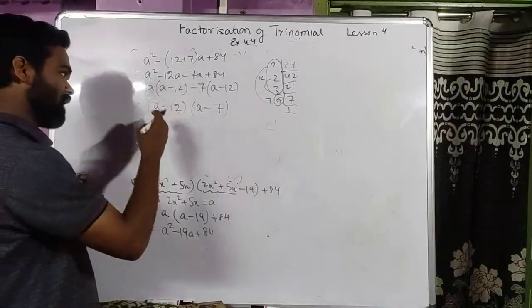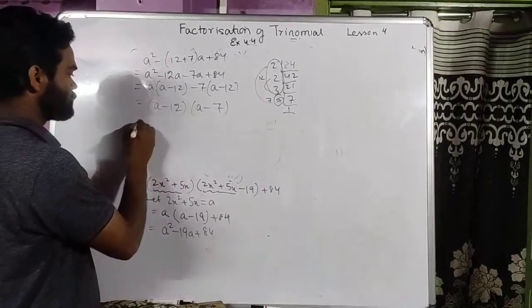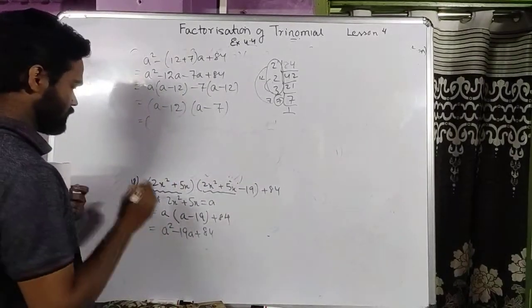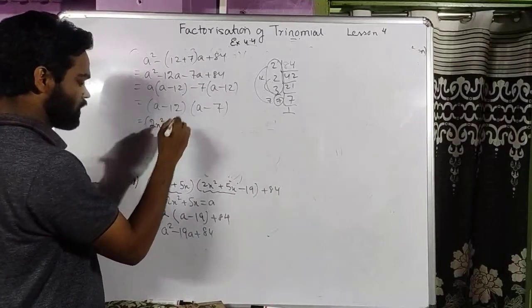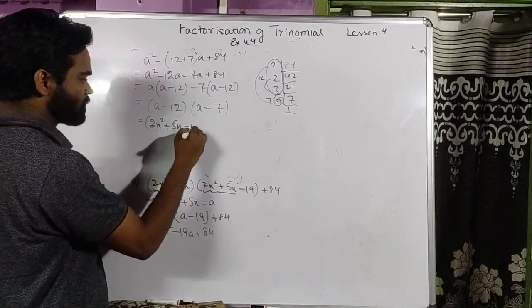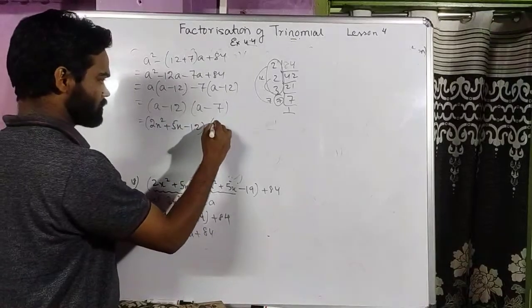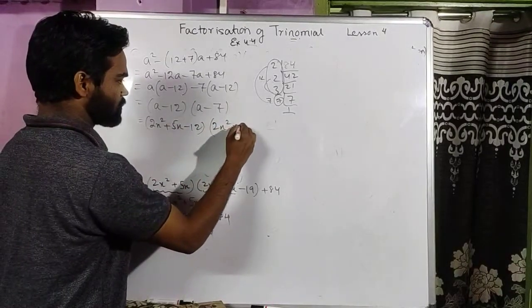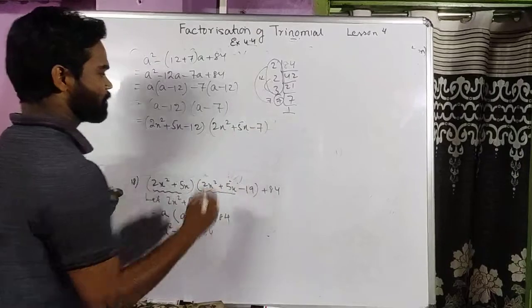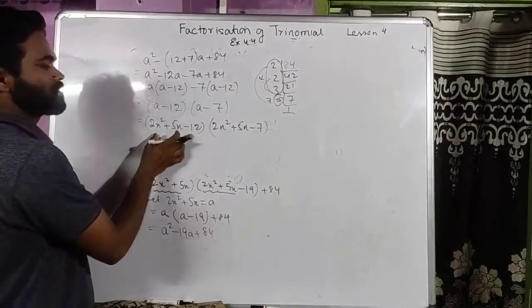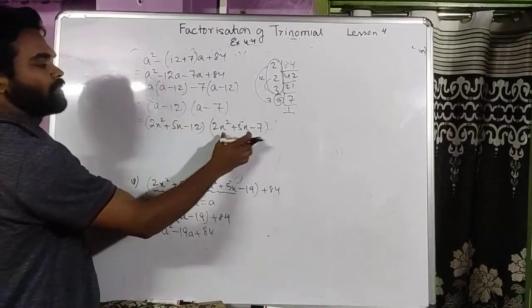Again, we will substitute the value of a over here. So this is 2x square plus 5x minus 12 and this is 2x square plus 5x minus 7. Now again we need to check whether this is factorizable and this is factorizable.